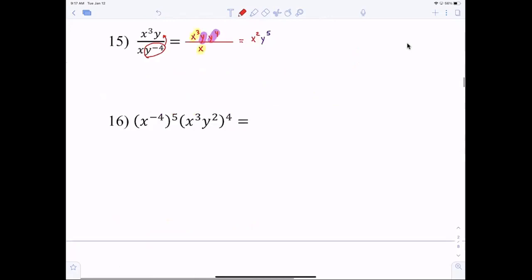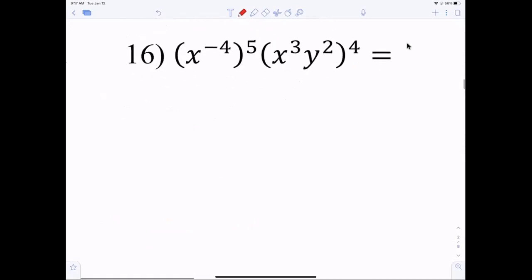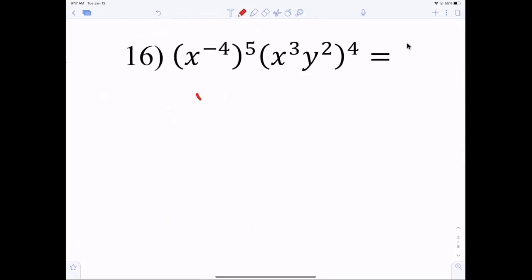All right, Max, help me. It would be 5x to the negative 20. How about x to the negative 20? Because listen, 1 to the 5th power just means 1 times 1 times 1 times 1 times 1. It doesn't mean 1 times 5. You with me on this?